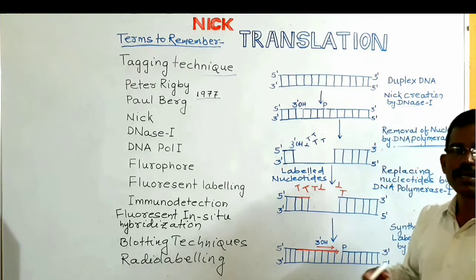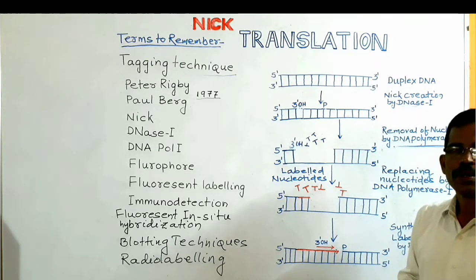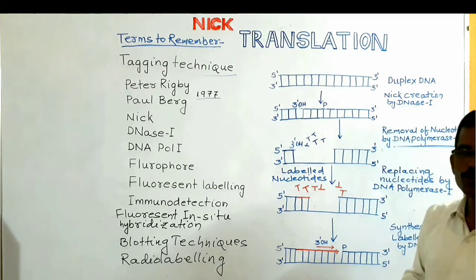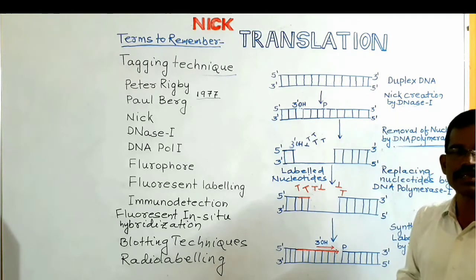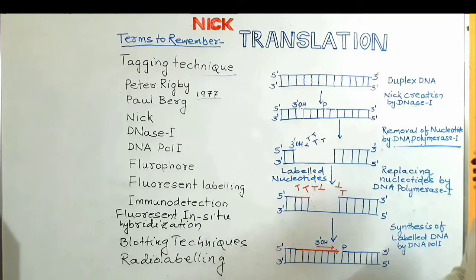Radioactively labeled DNA molecules are frequently used as probes. And you know that probes are useful in various blotting techniques, for example, Southern blotting.